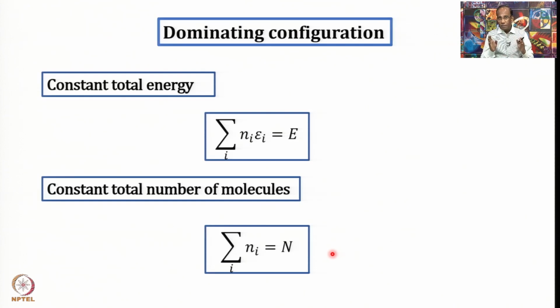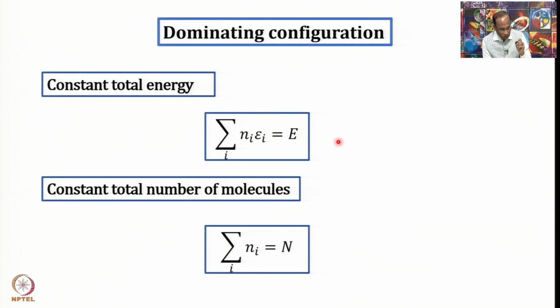But then we discussed that although several instantaneous configurations are possible, all of them may not be acceptable. There have to be certain acceptable configurations. And then we decided that there should be some constraints. What are those constraints?